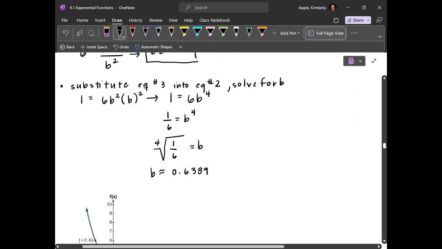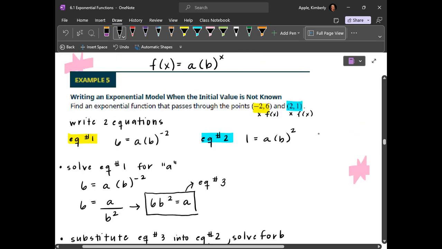So I now have a value for b. So I'm going to write that up here because I'm going to need it later. I want to record that number because I'm going to use it to write my equation later. 0.6389.